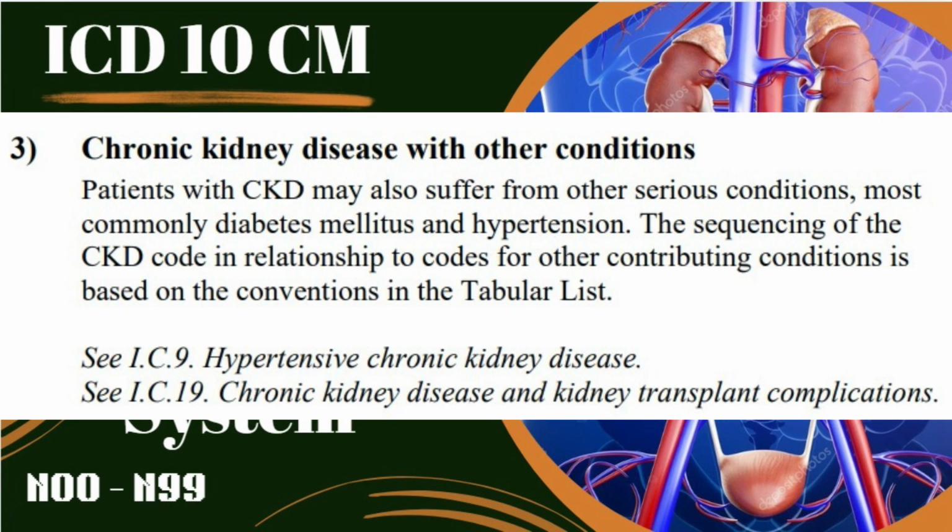The third and last point in this chronic kidney disease guideline is chronic kidney disease with other conditions. Patients with CKD, chronic kidney disease, because kidneys regulate the waste products, right? Because of this problem in the function of the kidneys, there are chances for other conditions or complications to arise.